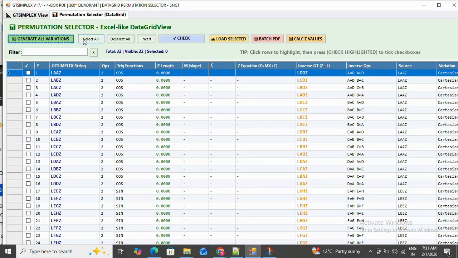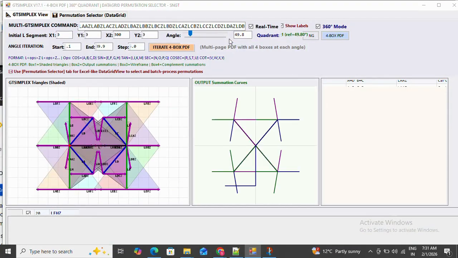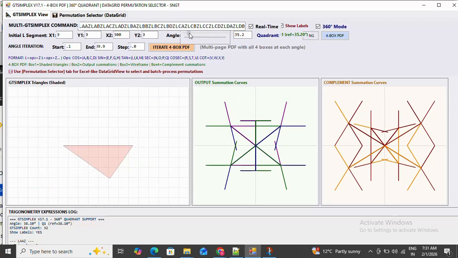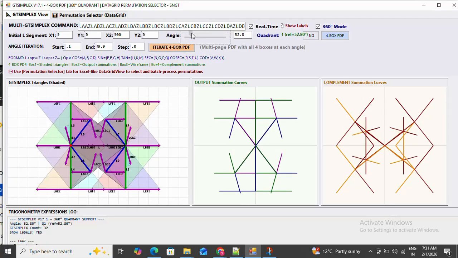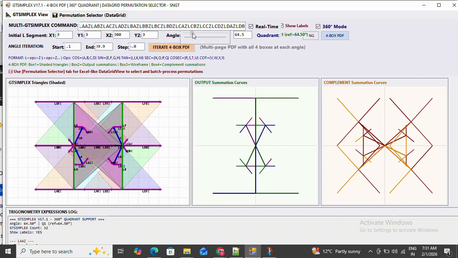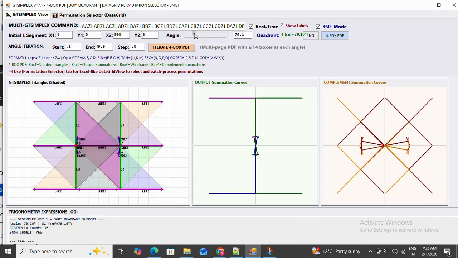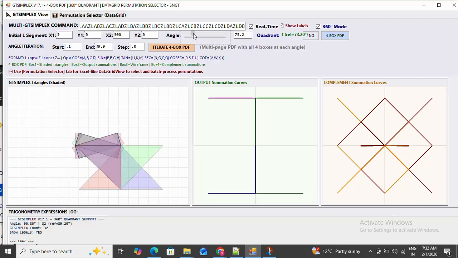And if we select all and load all these selected, then on the panel we can see the outputs of these GT simplexes. When we change the theta, for each different value of theta we have to construct 32 tracing papers and stack all of them one after another to understand these kinds of geometries.